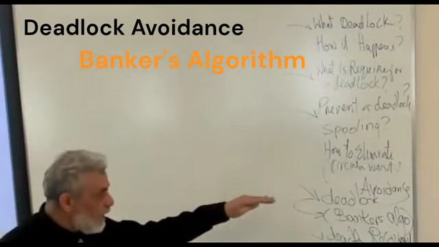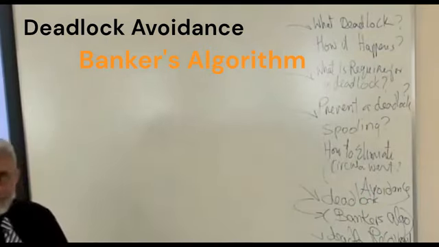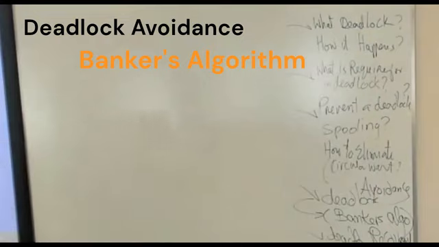Right, so now what we are left with is avoiding it. And avoiding is if we know a deadlock can happen, but we keep kind of avoiding it until we finish the execution.